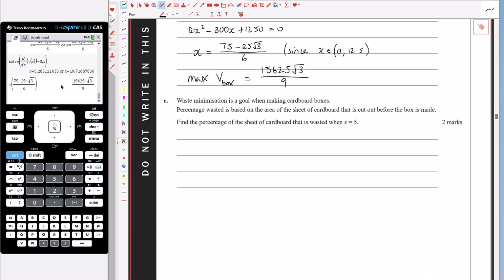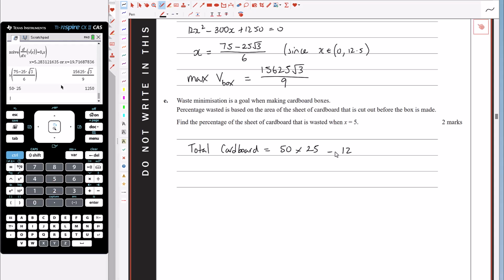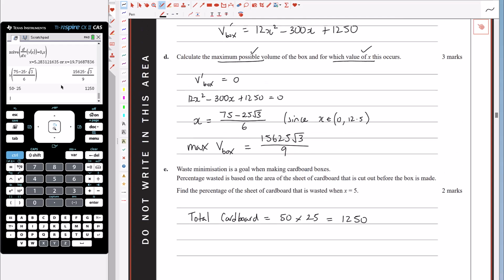Okay, so total area is going to be, actually let's do total cardboard. Is 50 times 25. So 1250, was everything in centimetres?